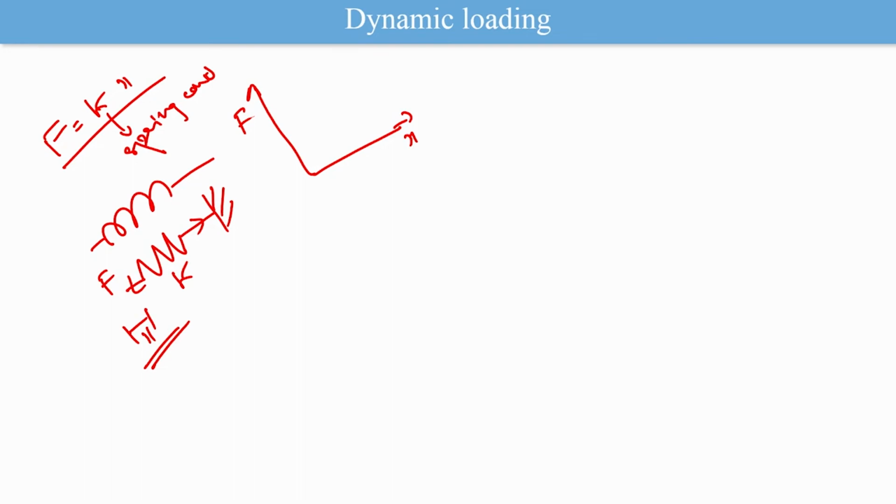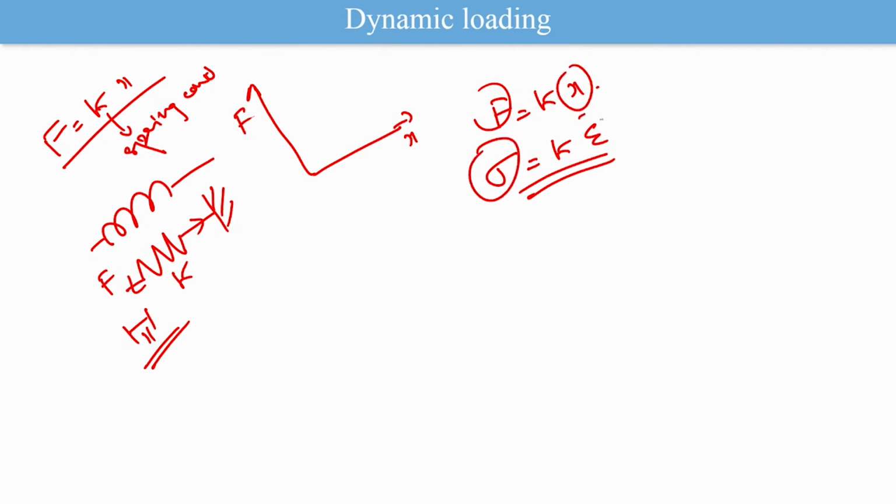Now, the same expression analogous to F is equal to kx, we can say sigma is equal to k into epsilon. These are very analogous. Instead of force we have stress, and instead of displacement we have strain. And this can be represented using a usual spring itself.